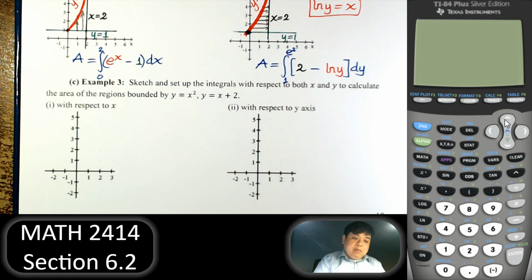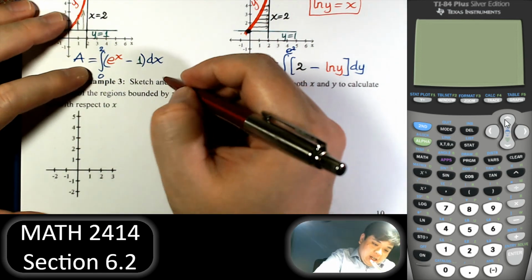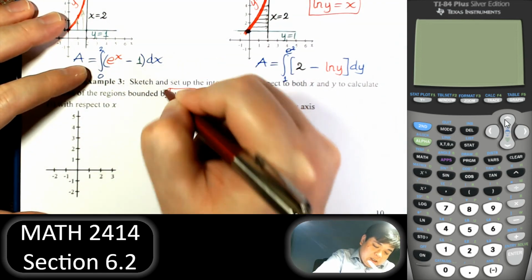Sketch and set up the integral with respect to x and with respect to y. So both dx and dy. Right. So first I sketch y equal to x squared. That is the parabola.